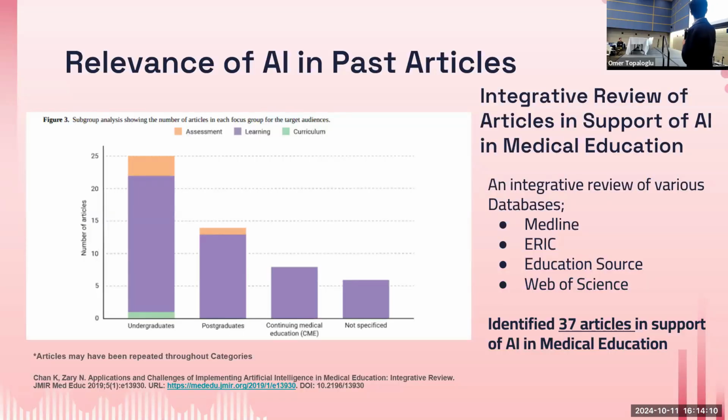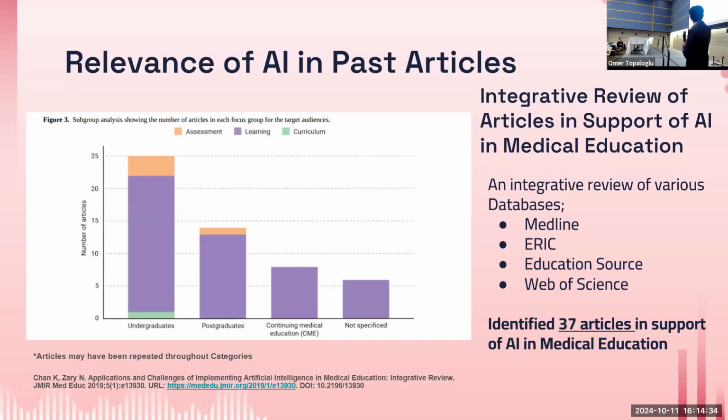So this is a bar graph detailing the relevance of AI in past articles. An article conducted an integrative review in support of AI in medical education, and they identified 37 articles based on the databases listed above, such as Medline, ERIC, Education Source, and Web of Science.